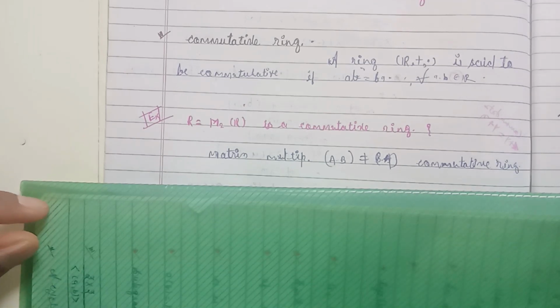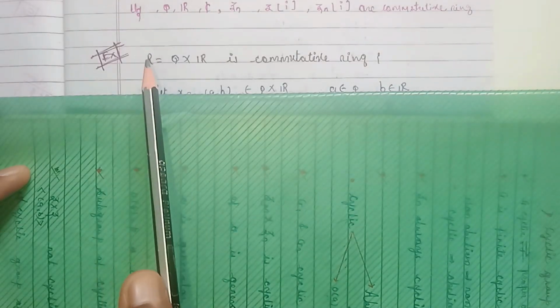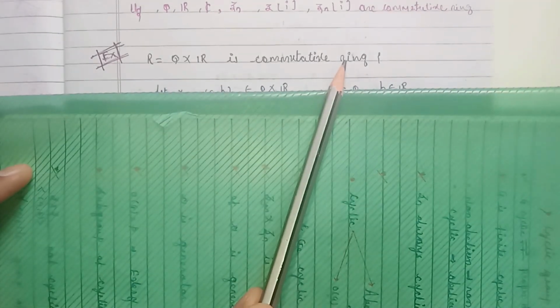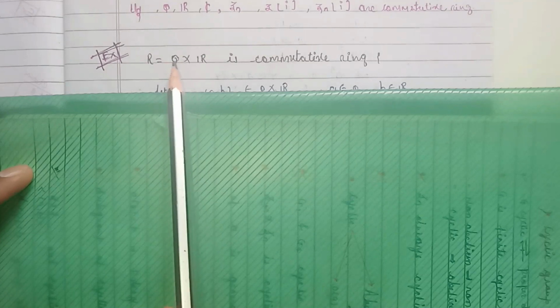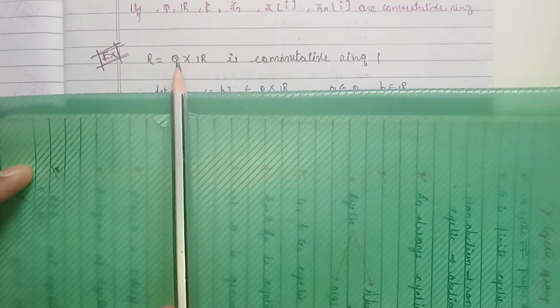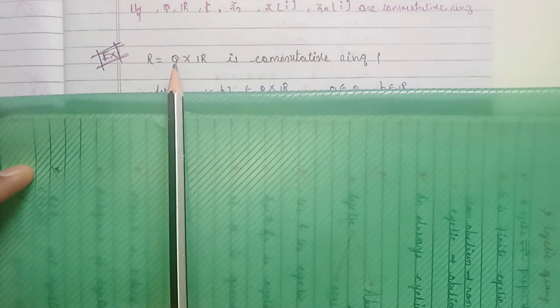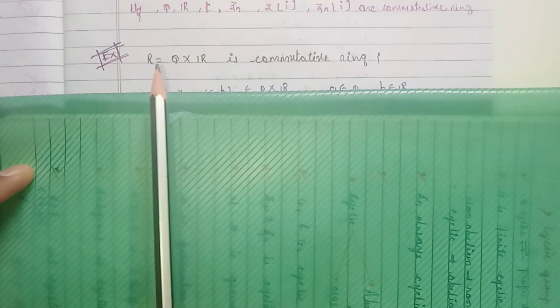In my next example I will explain Q cross R, and whether the cross product Q cross R is commutative or not. We know that Q, the rationals, is always a commutative ring, and R, the reals, is also always a commutative ring.